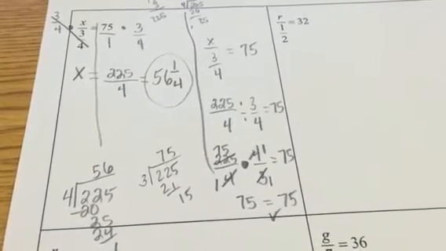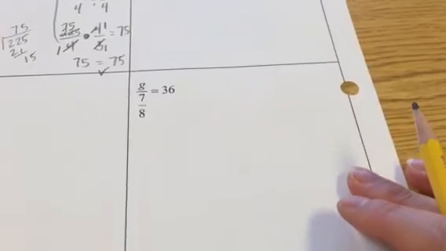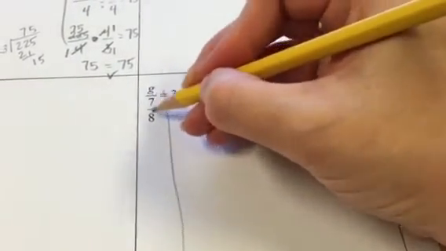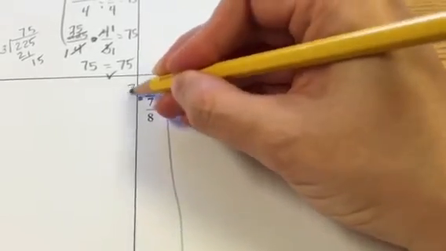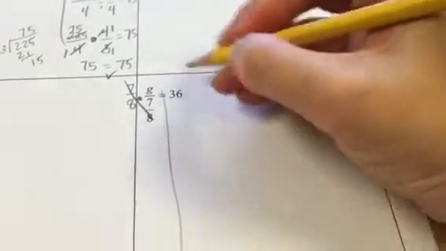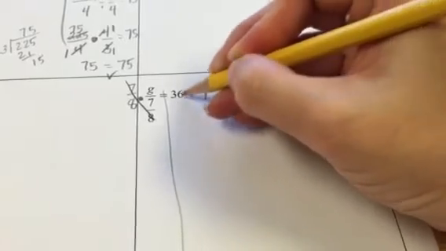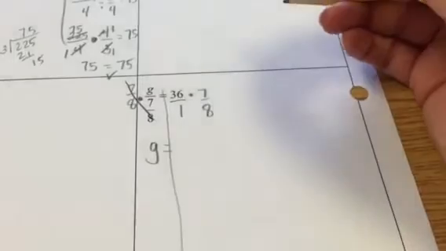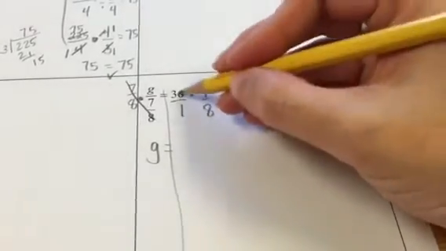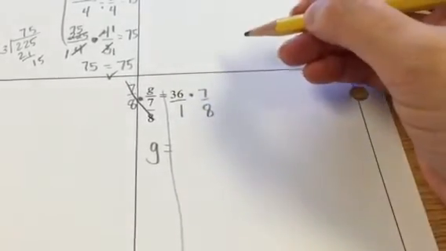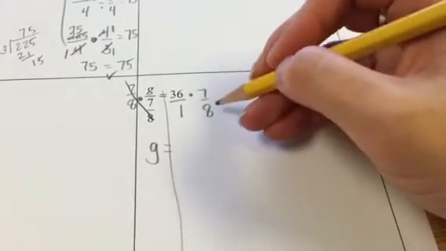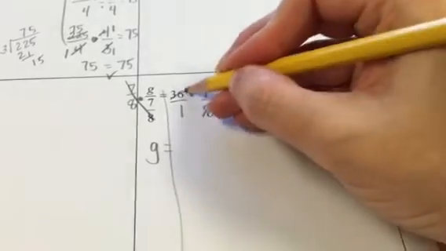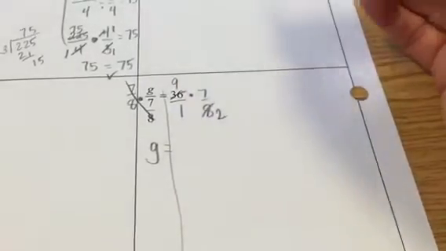All right, let's do one more of those together. I'm going to do the bottom right. Right now, G is being divided by 7/8, so I'm going to do the opposite and multiply by 7/8 on both sides. I'm going to put that 36 over 1, and then I'll be left with G equals, well, 8 and 36 share a common factor of 4. 4 goes into 8 2 times and into 36 9 times.